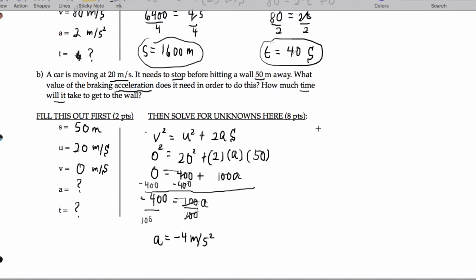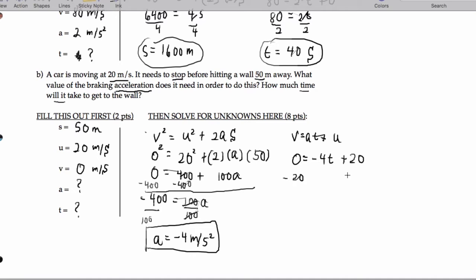Awesome. Now we can go ahead and use that to get the time. So there's the acceleration. Now we get the time. v equals at plus u. So that's going to be 0 equals negative 4 times t plus 20.